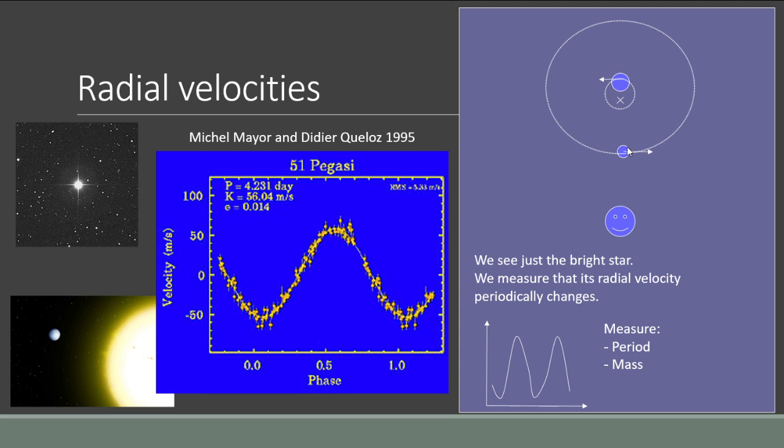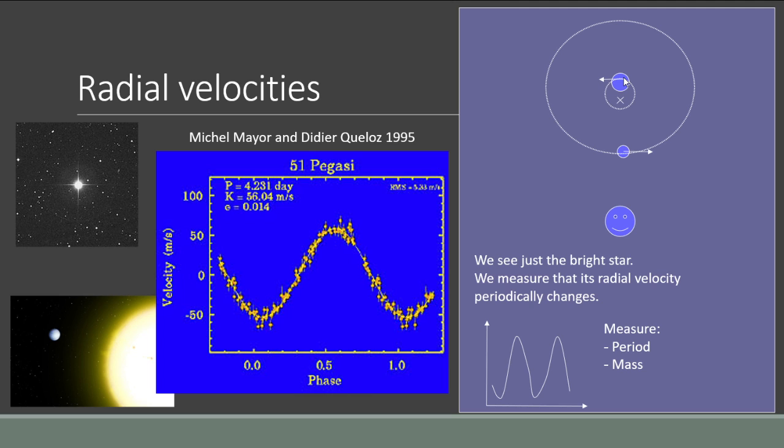Both of these bodies move around the center of mass of the system. It's marked by the cross. Of course, the star is much more massive, so it lies much closer to the center of mass, but still, with the same orbital period, the star is moving along this ellipse.